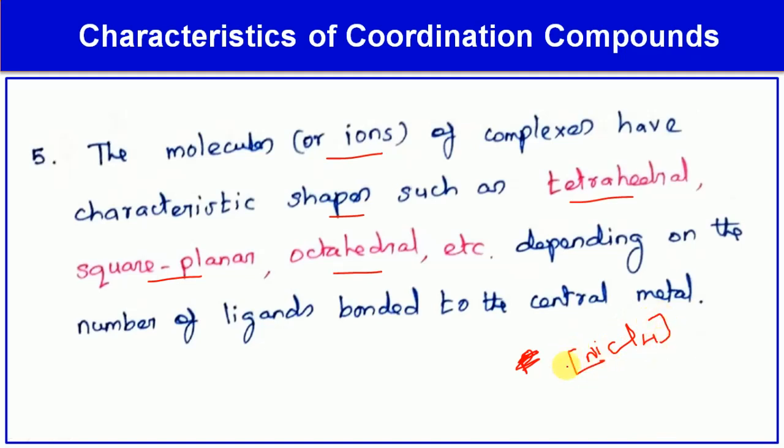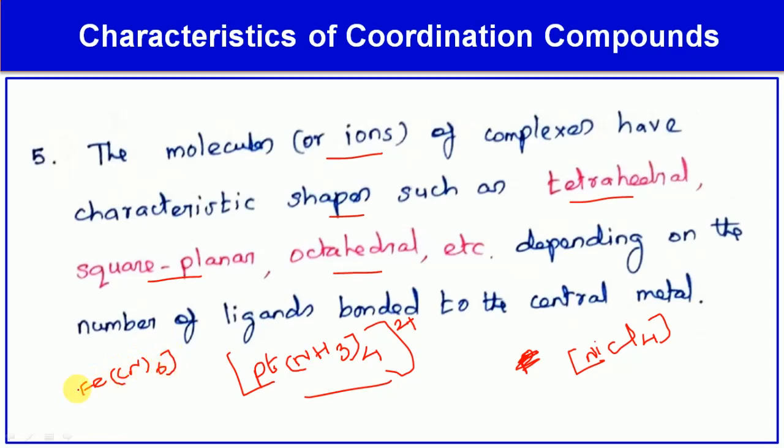Square planar is tetraammineplatinum(II), with NH3 four times. And octahedral we have already seen, hexacyanoferrate ion with 4 minus. This is octahedral, this one square planar, and this one tetrahedral.